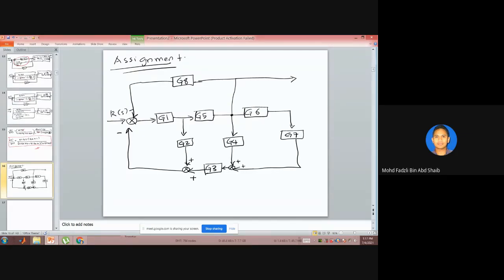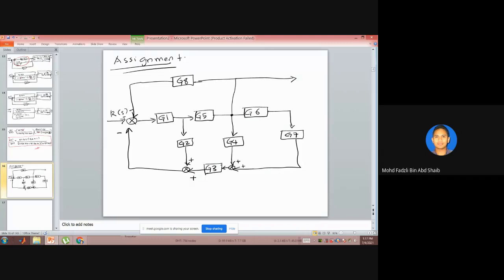I will assign this question in the author. This is part of the assignment. You try to solve this. It's not really difficult, but it's not really easy.